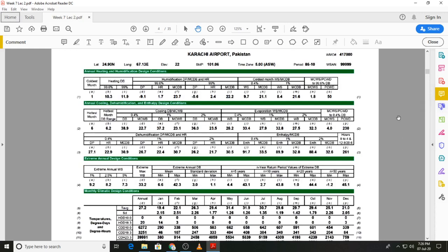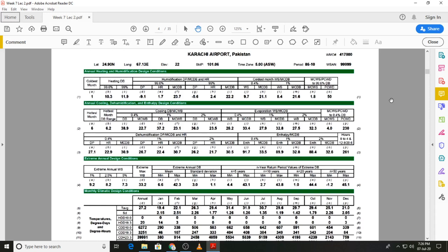You can now see a climatic data sheet for Karachi airport, and it has certain information on it. Of course, we have the latitude, longitude, elevation, standard pressure, the time zone, and the period over which the data has been collected, and based on that period they have developed this climatic data sheet.